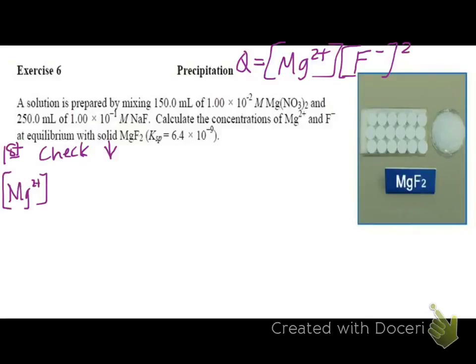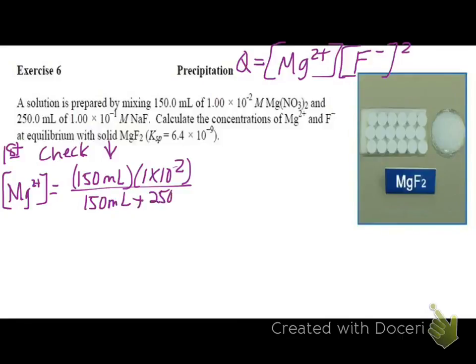All right, so magnesium had 150 milliliters times the 1 times 10 to the negative 2 over 150 milliliters plus 250 milliliters for the new volume, and we get 0.00375. Again, if I'm going too fast, pause the video before I write the answers, but I'm pretty sure you know how to plug it in your calculator.